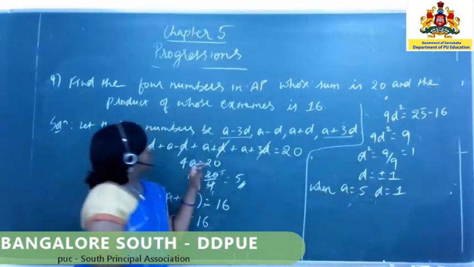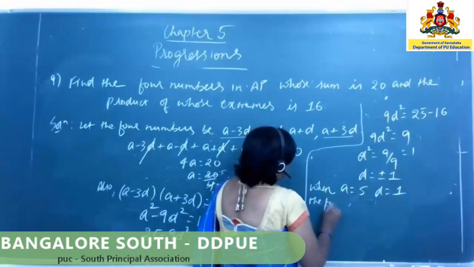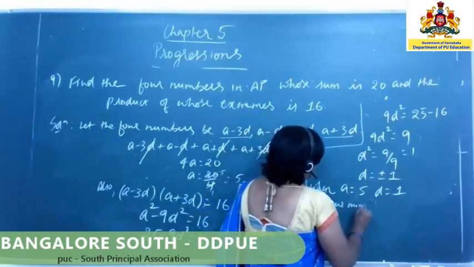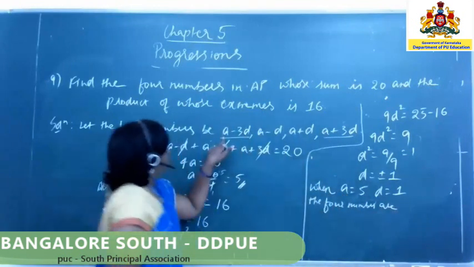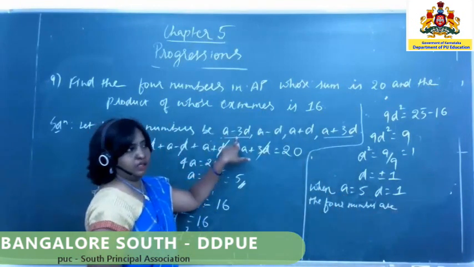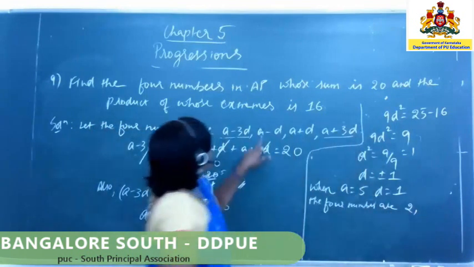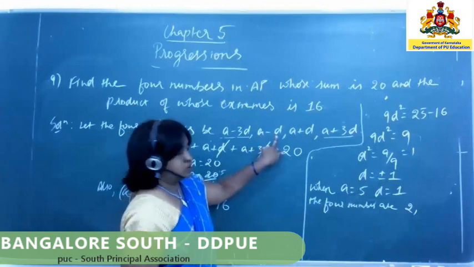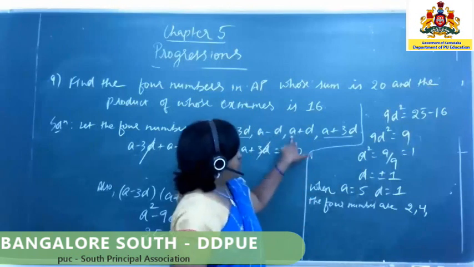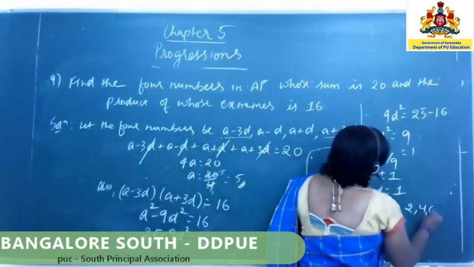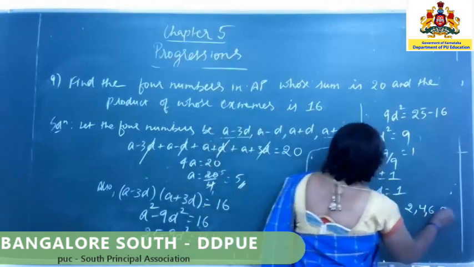So what will be the four numbers? The 4 numbers are 5 minus 3, so it will be 2; 5 minus 1, 4; 5 plus 1, 6; 5 plus 3, 8.